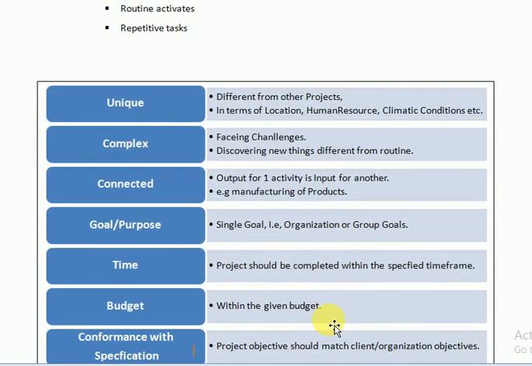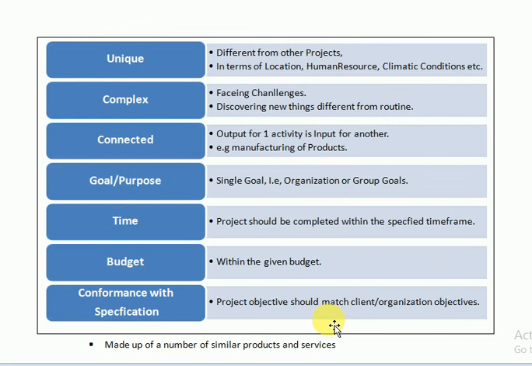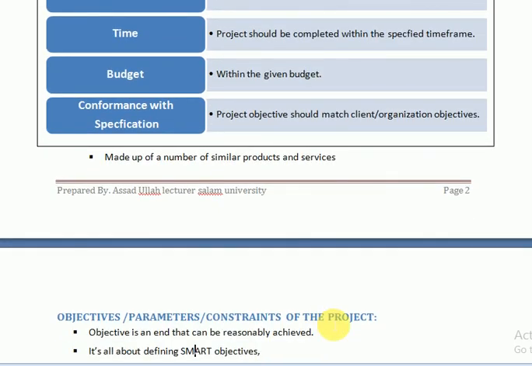I discussed these things in the definition of the project: a project must have unique, complex, and interconnected qualities. It must have goals or purpose, time, budget, and performance. These are the characteristics or specifications, and any activity which has these qualities will be called a project.